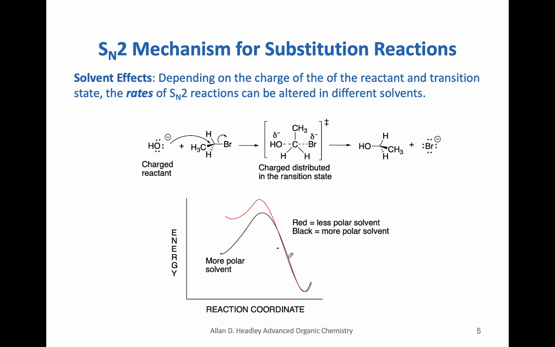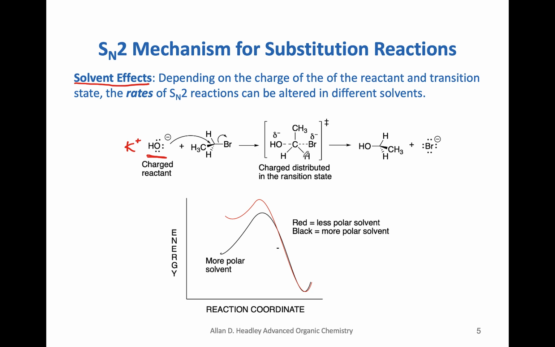So let us look here at the effect of the solvent on this transition state and the energy of activation. If we have a charged reactant, as we had before, so notice this is charged. Of course, you may have here a counter ion such as K+, just to make it a neutral molecule, but the nucleophile is indeed charged.